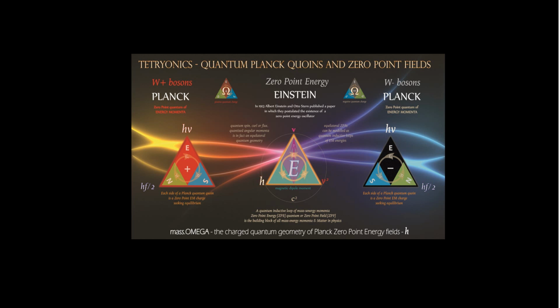That would have probably given a hint to relate it back to mv squared or mc squared, and maybe this relationship with equilateral geometries and quantized angular momentum may have been discovered much, much earlier, and Tetryonics would have emerged a century ago.